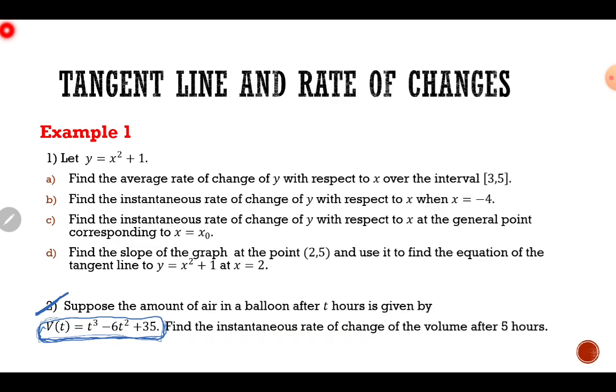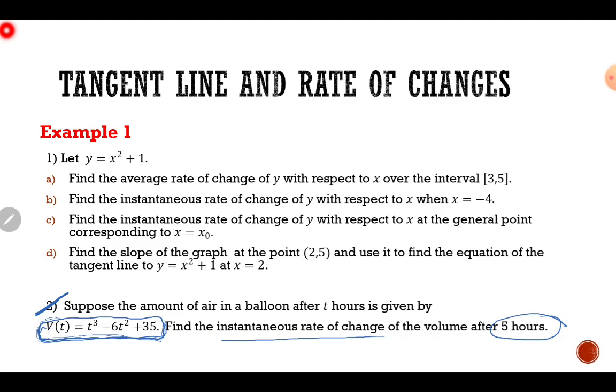Okay, dan kita tahu balon tu makin lama dia akan mengecut, kan, maknanya udara tu akan keluar. So slowly udara tu akan keluar, dia akan mengecut. So the question asks, find the instantaneous rate of change of the volume, maknanya kandungan udara dalam balon tu selepas 5 hours. Okay, after 5 hours, after 5 jam.